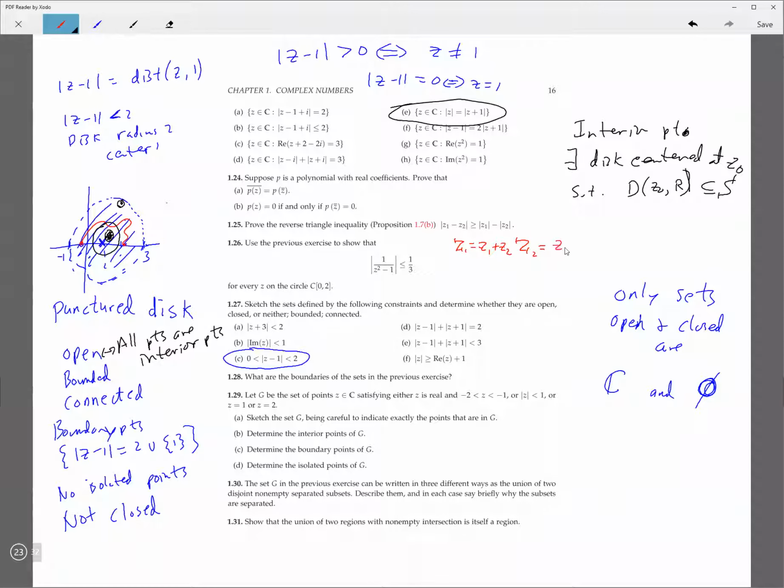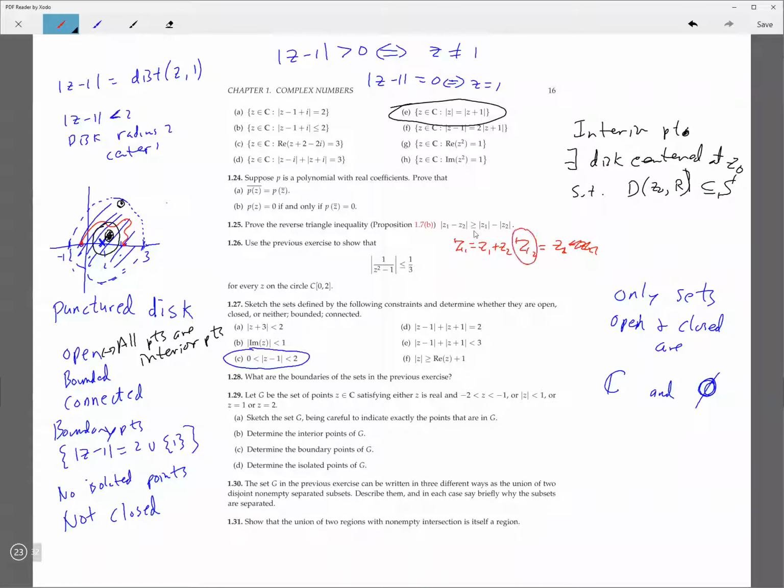And maybe that's z1 minus z2. This might not work. You could do some combination like that and then apply the triangle inequality to that and see what happens. Or maybe Z2 could be just z1 or something, or maybe it could just be little z2.